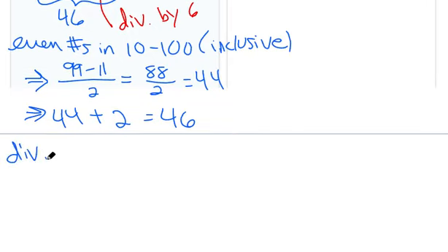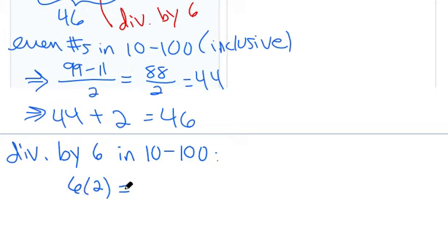So divisible by 6, and this is in the range 10 to 100. The easiest way to find this is to take a look at the multiples. If we think about multiples of 6, the first multiple of 6 that's in this range, 10 to 100, would be 6 times 2, which gives us 12.